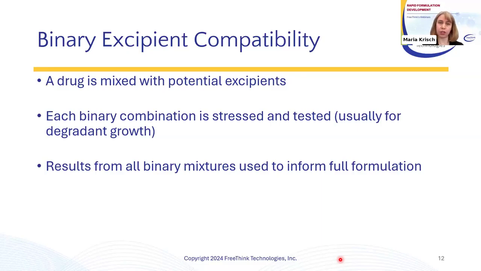Each binary combination is separately stressed and tested, and typically this is for degradant growth, but if there's a different shelf life limiting characteristic of interest, it can be for something else. The results from all of those binary mixtures are then used to pick the acceptable excipients and used to inform development of a full formulation. So first you do the panel of binary excipient studies, then you use that data and that understanding to build the full formulation.